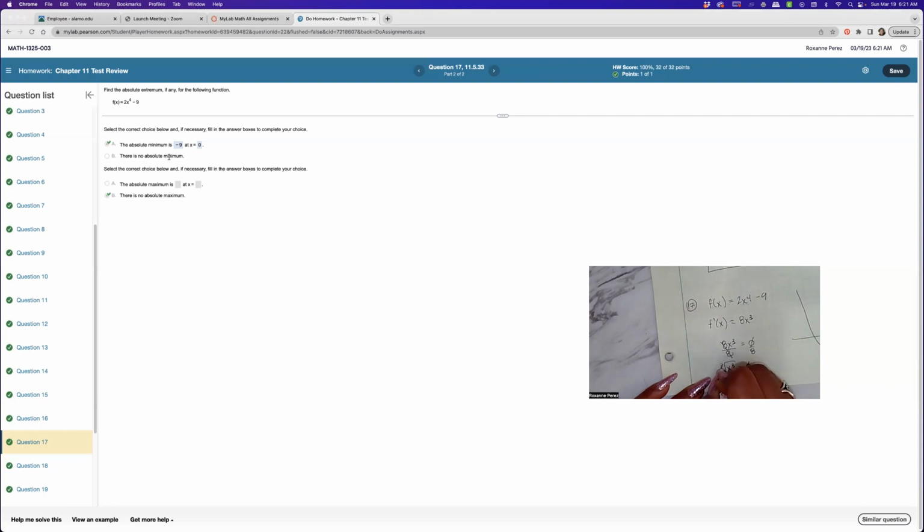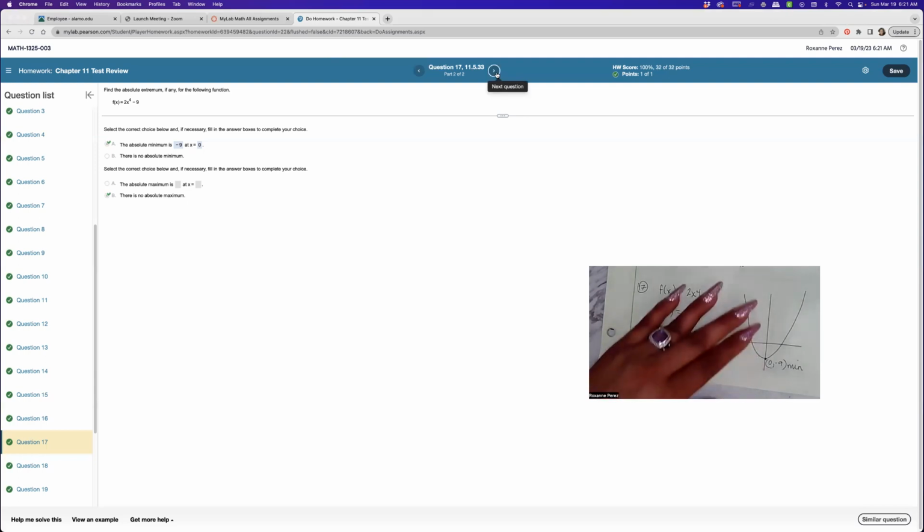Then you take the cubed root of both sides, and x equals 0. So that's how we can still use our derivative properties to confirm this minimum point as well. Okay. And that's it for this problem. Let's keep going.